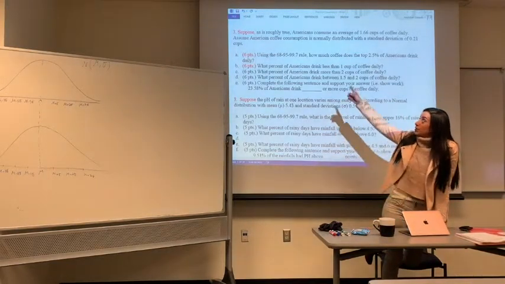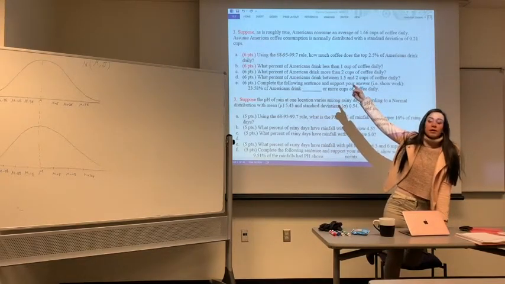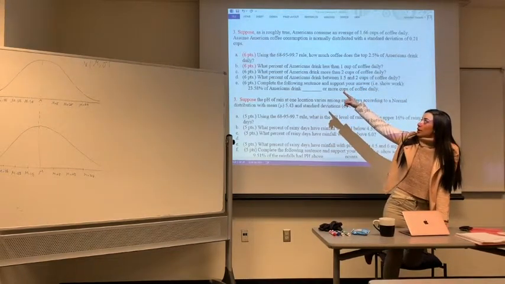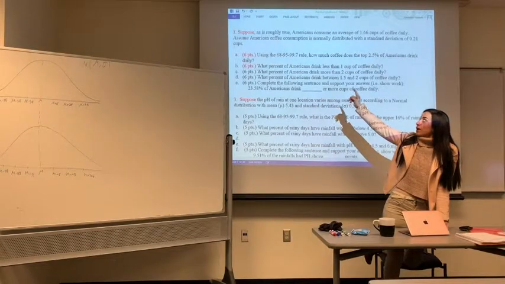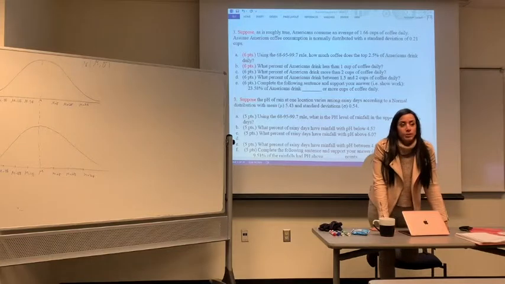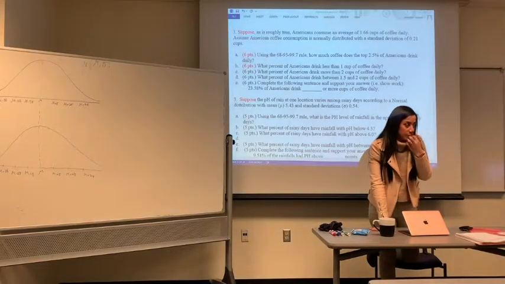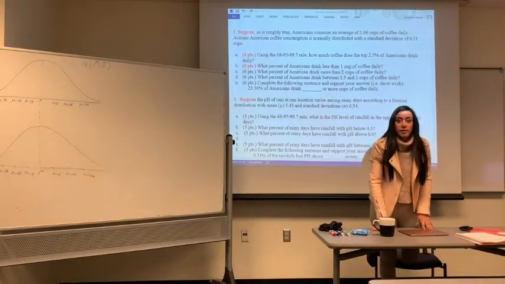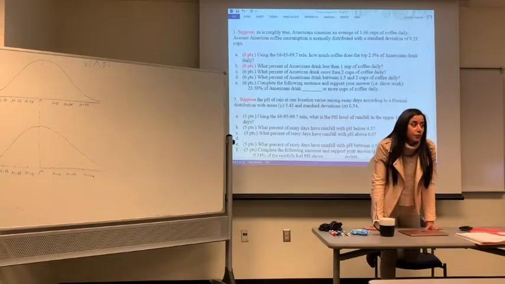I'm going to start with this example to review the 68, 95, 99.7 rule to find the proportion or probability using normal distribution, the method we learned last time.